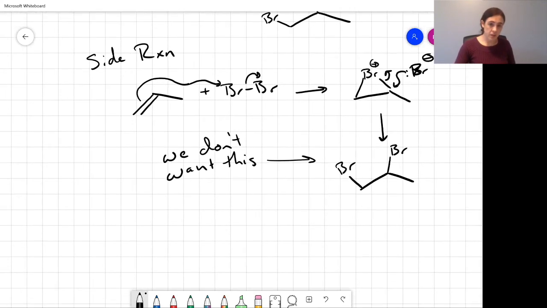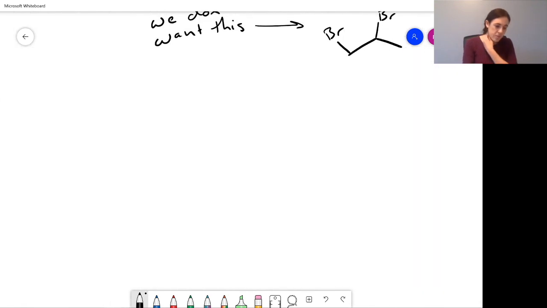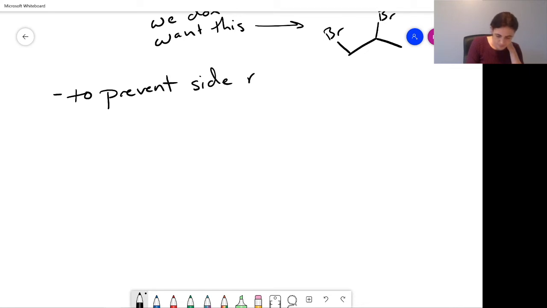So is there potentially another reagent that we can use? Well, really the key to preventing this side reaction is that we need a low concentration of our halogen.